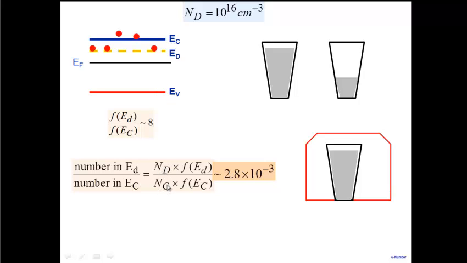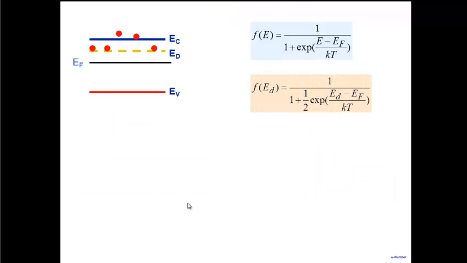ND, NC, ED: these are the factors that determine whether a donor atom is ionized or not. And now we would like to determine a simple expression which will tell us, suppose I add 10 to the power 16 or 10 to the power 17, will all the donor atoms be ionized or not? For any system. So we want an inequality which will help us get that number here.